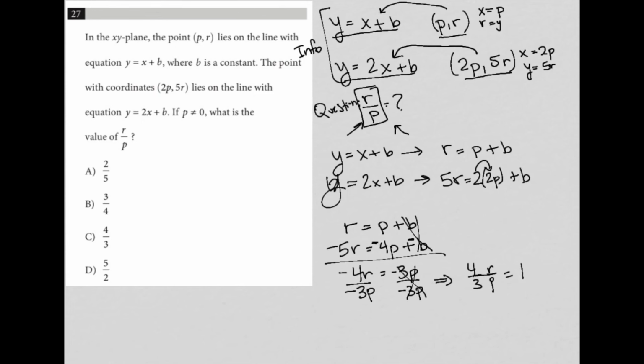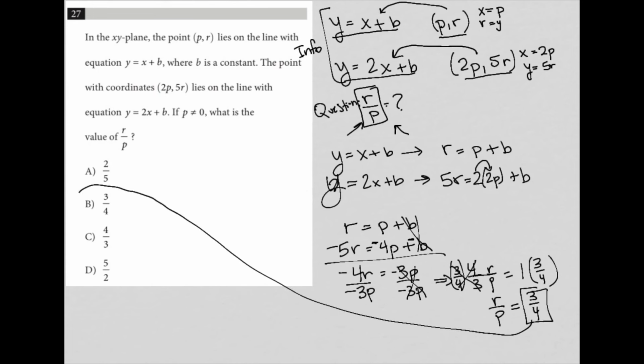Now, I don't want 4R over 3P. I want just R over P. So if I multiply both sides by the reciprocal, by 3/4, now the 3's cross cancel, the 4's cross cancel, and I'm left with R over P is equal to 3/4, and therefore my correct answer here is choice B.